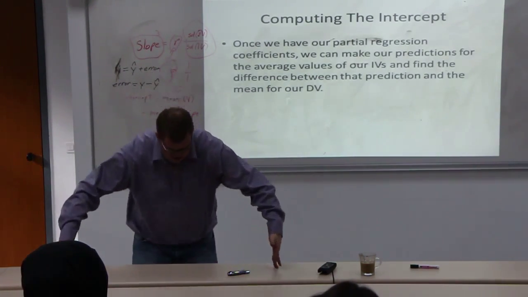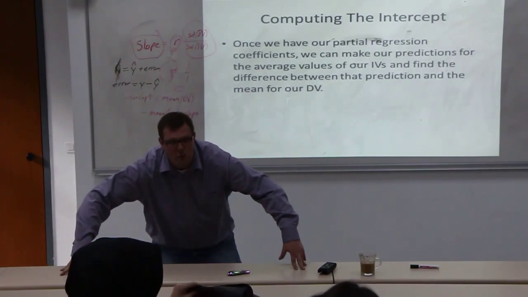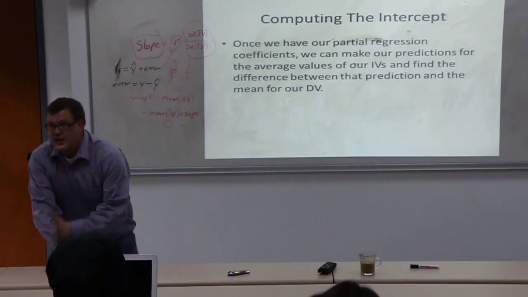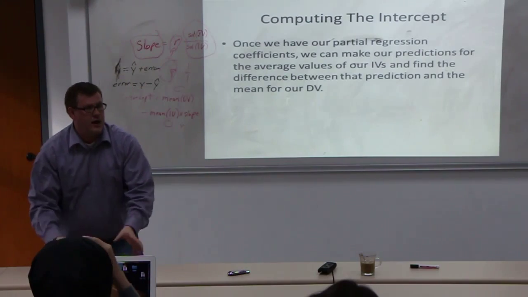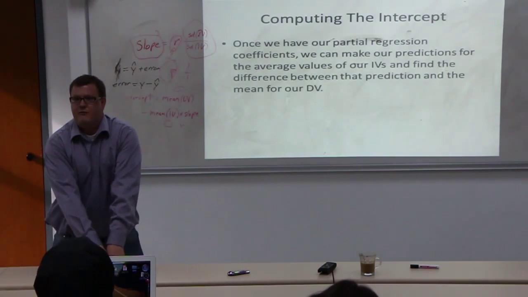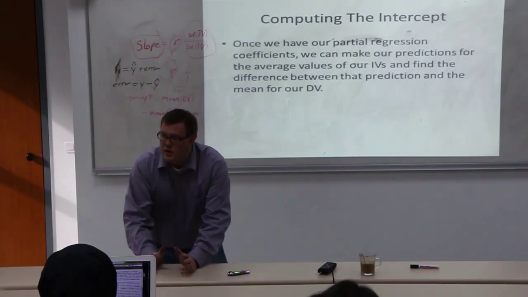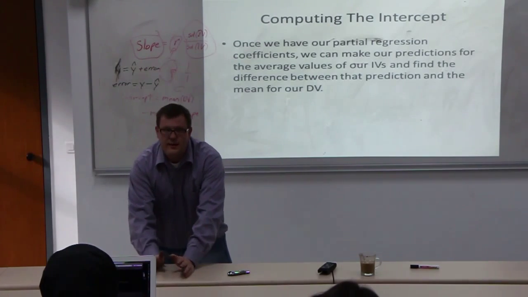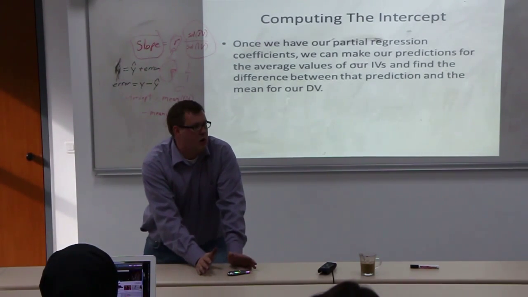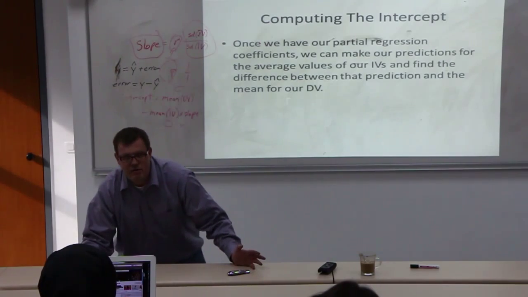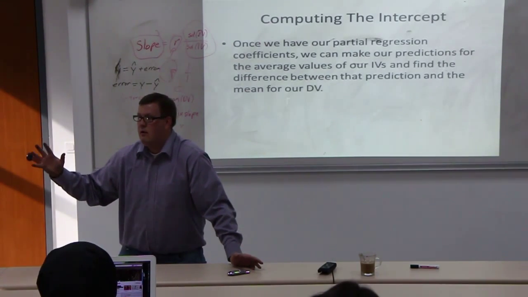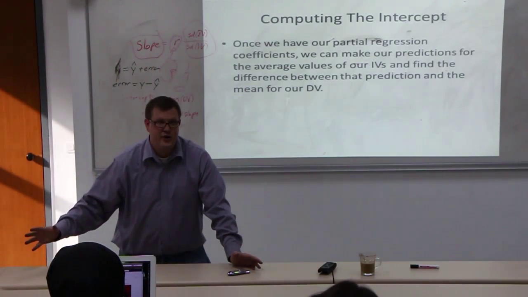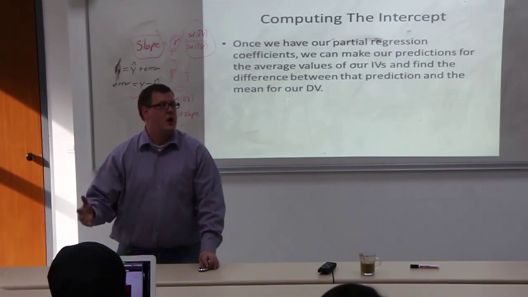Right, so we had that part of the equation, the slope for the unique relationship between test 2 and test 1 times the test 1 average score plus the slope that describes the unique relationship between homework and test 2 times the average homework score. Subtract that from the mean of the dependent variable, which is test 2, and boom, you got your intercept.